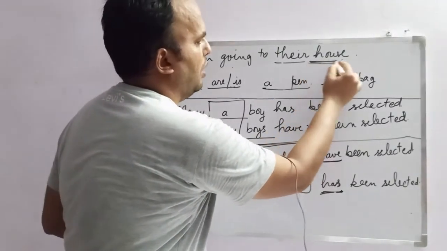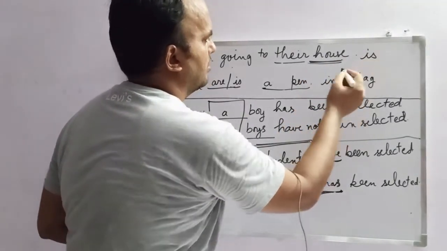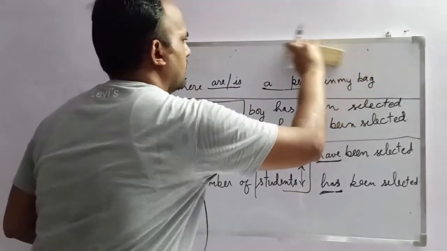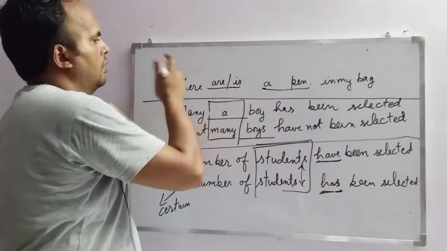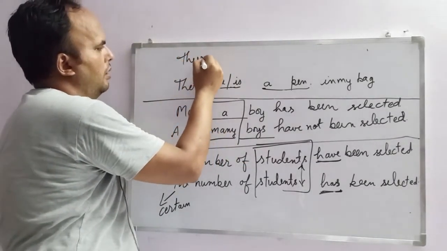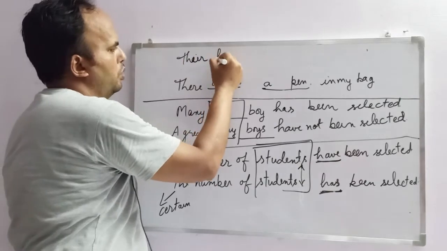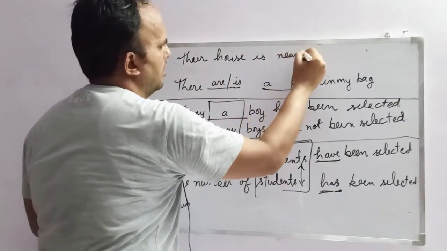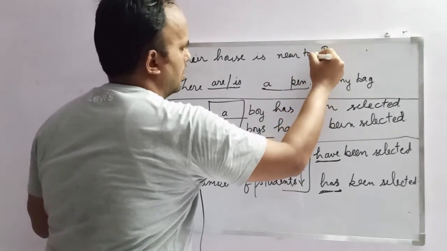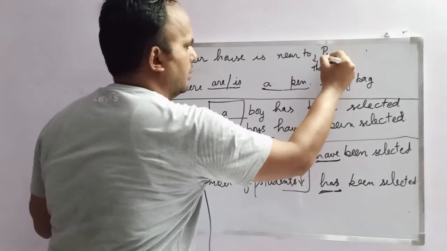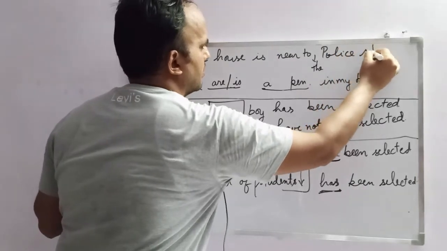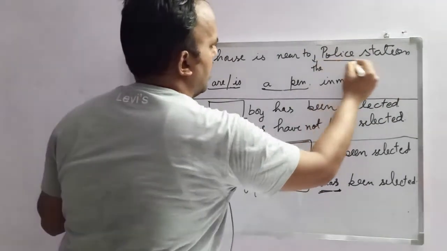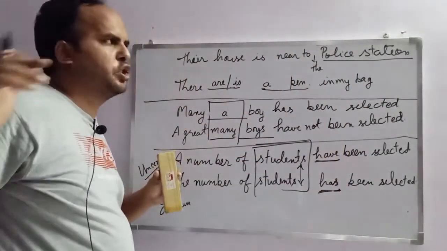If you are using their house at the first, like an example, their house is near to the police station.